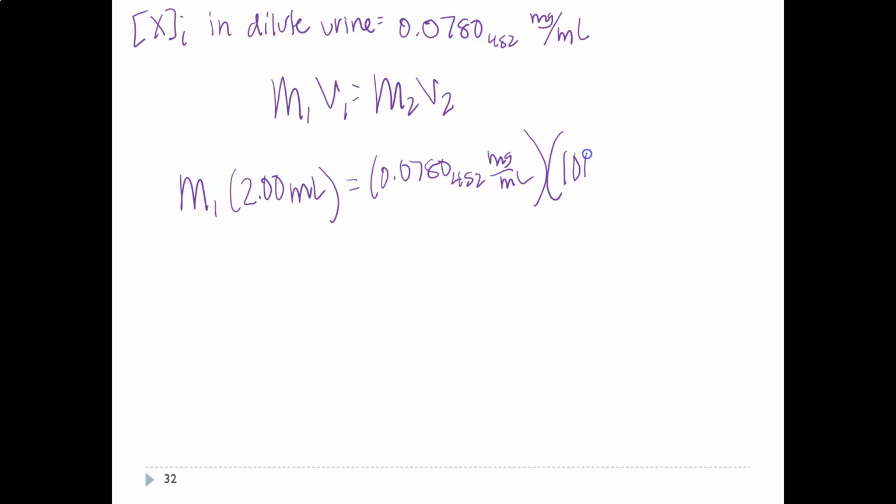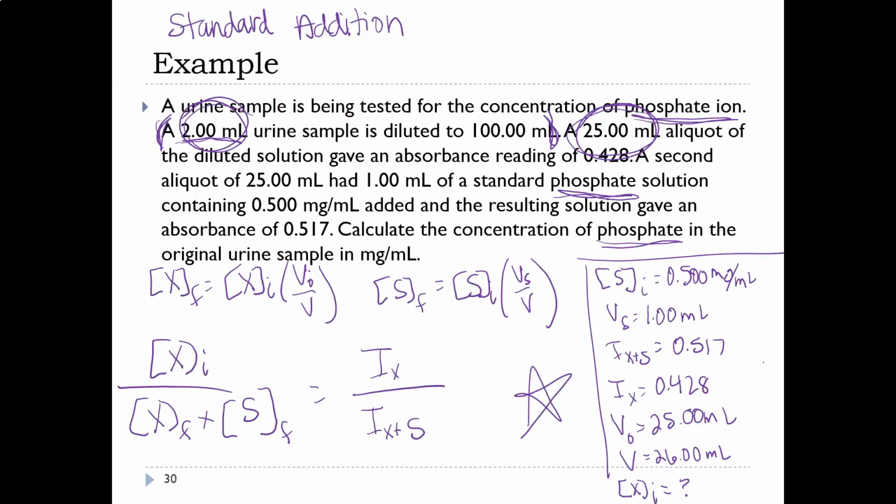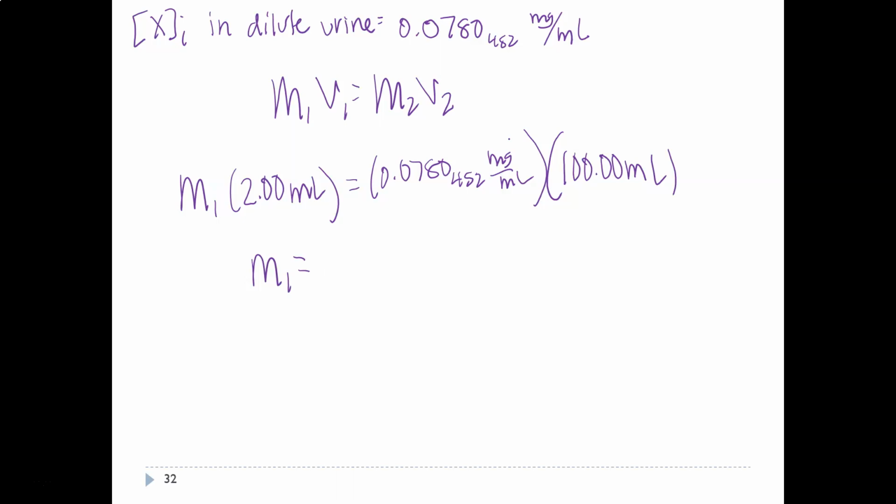When they made the solution, they took 2 milliliters and added it to 100. So again, backtracking, 2 milliliters was mixed together up to 100. So when I solve for M1, I get 3.902 whatever milligrams per milliliter.